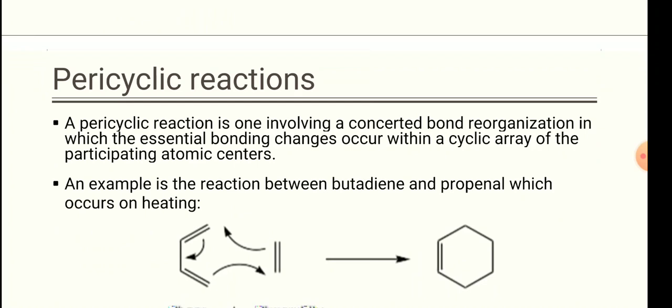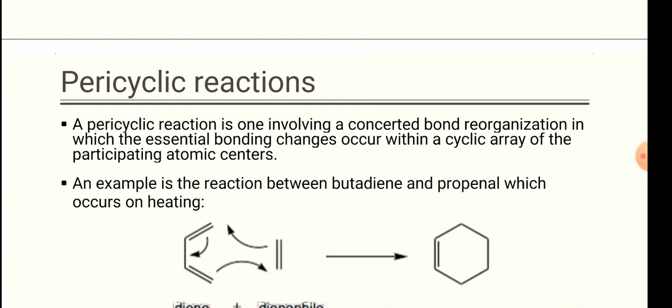So bond breaking and bond formation take place in a single step and simultaneously, in which the essential bonding changes occur within a cyclic array of the participating atomic centers. I have already told you that it follows a cyclic transition state.